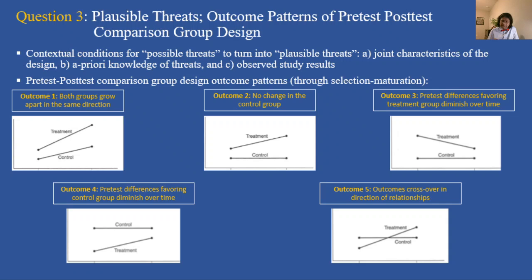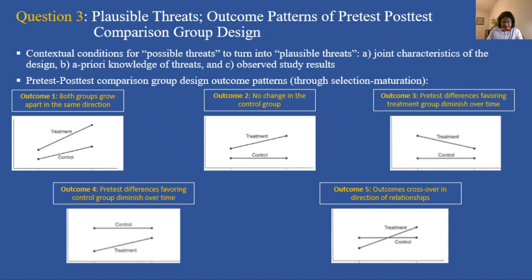A. Joint characteristics of the design. B. Extra study or pre-existing knowledge about the threats. And C. Pattern of observed study results. Hence, the statement: possible threats to validity are not always plausible. They become plausible if any of these conditions are present.